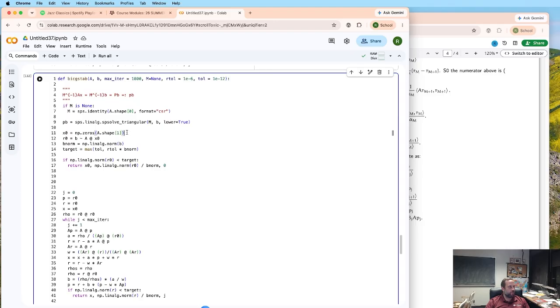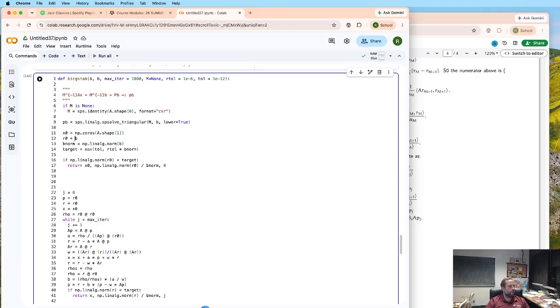Now x0 is equal to the 0 vector, which means what we have down here is going to be the 0 vector. And we could change this as well. The AX naught that we're computing is really M inverse AX naught, and so we could compute a P A X naught as well. But since I'm doing X naught equal to 0, just for the sake of this lab, I'm just going to take it equal to 0.